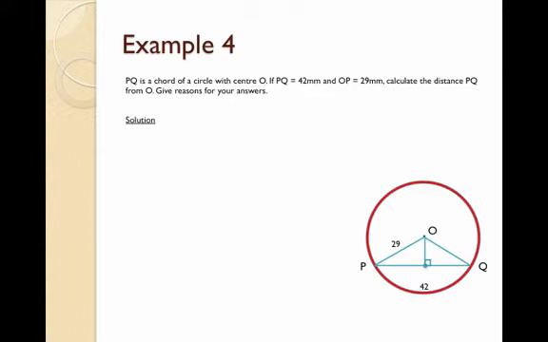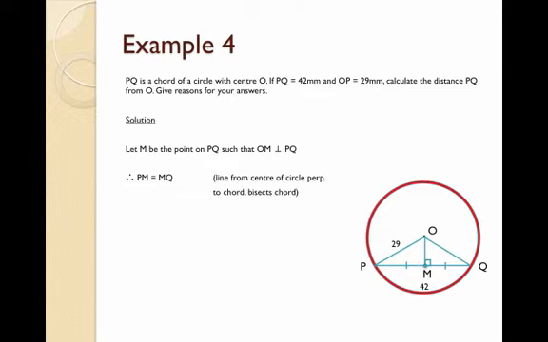We're going to begin by calling M the midpoint of PQ, such that OM is perpendicular to PQ. Now we know that PM equals MQ because the line from the center of a circle perpendicular to the chord will bisect the chord. Therefore, PM is 21 millimeters because this is half of PQ, which is 42.